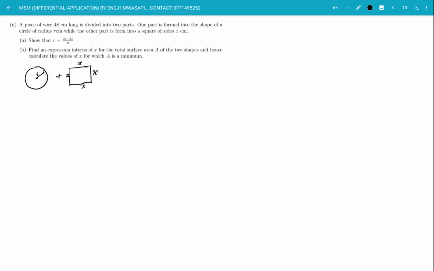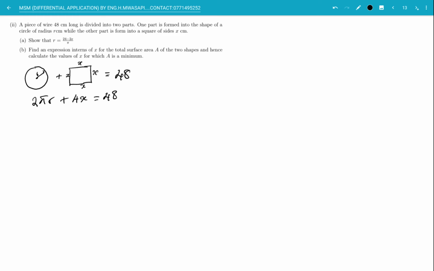So our job is to find the perimeter of the circle and the perimeter of the square. We all know that the perimeter of a circle is given by 2 pi r, and the perimeter of the square is just x plus x plus x plus x, which is equal to 4x, which we are now equating to 48.